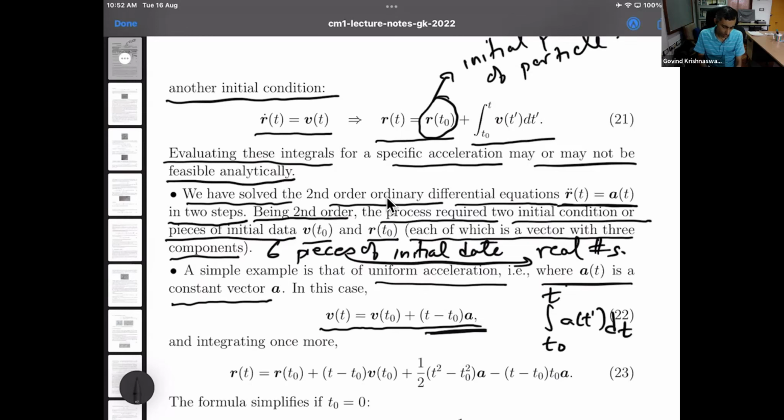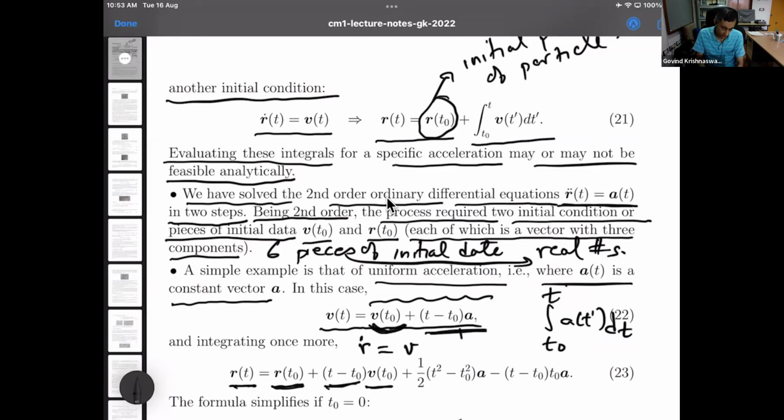And now integrating once more the equation r dot equal to v, we will get r. So you just have to integrate both these terms. I will just write down the answer and leave you to do this. There's of course the initial condition r of t naught, plus, when you integrate this term, v of t naught is just a constant, so you will get t minus t naught times v of t naught.